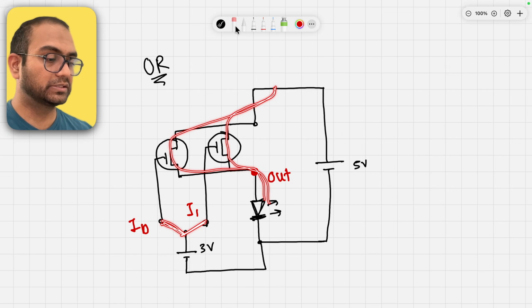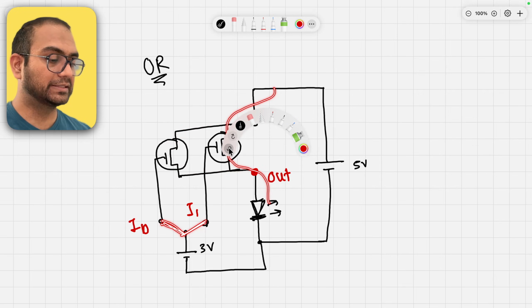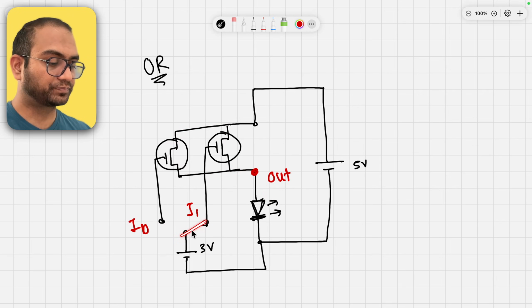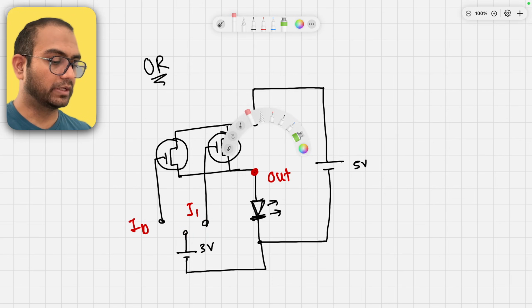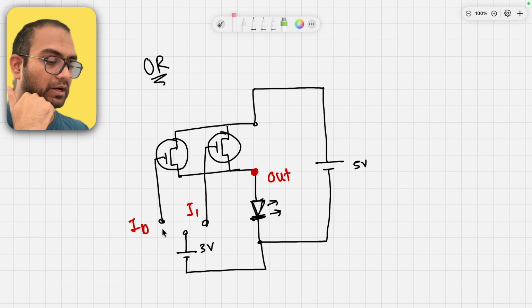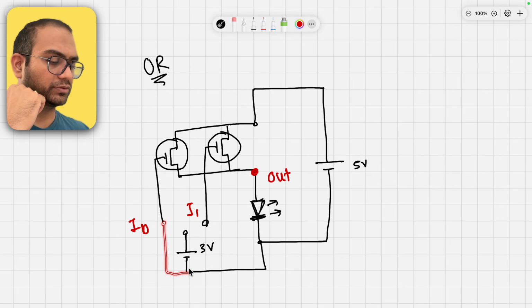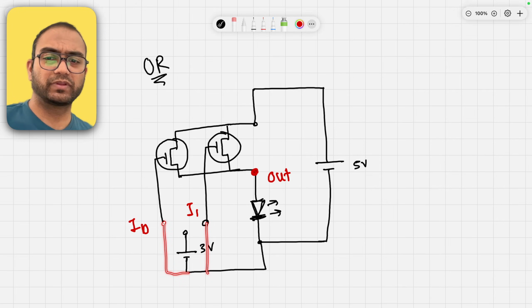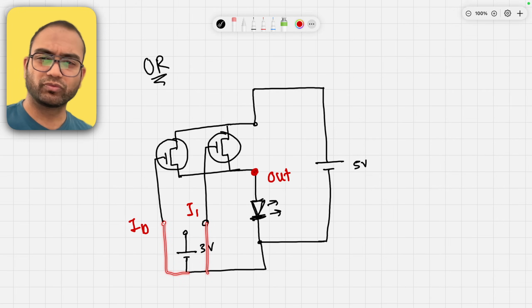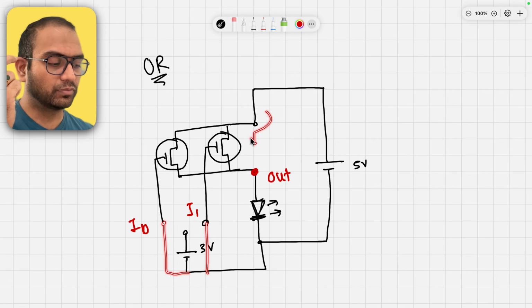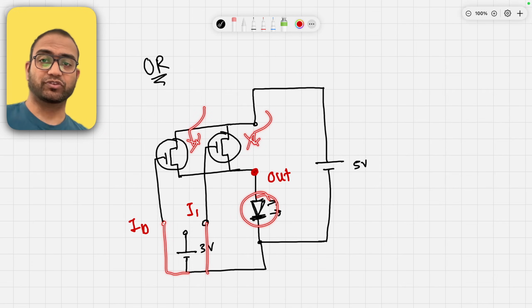The only case in which the LED doesn't light up is when both of them are tied, meaning connected, to ground. If both of them are connected to ground or there is no voltage on them, then there is no path for the current to flow. The current cannot flow, so the LED stays off.